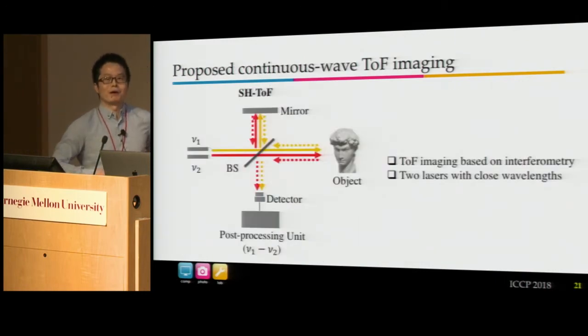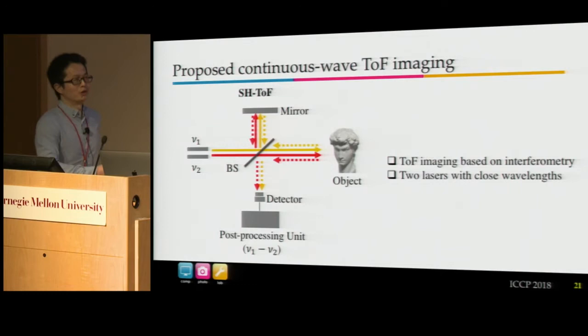So let me briefly talk about how we do it. We're still using the interferometry setup. As you can see here, we will use two lasers simultaneously in the system. The two lasers will have very close wavelengths, or close optical frequencies.